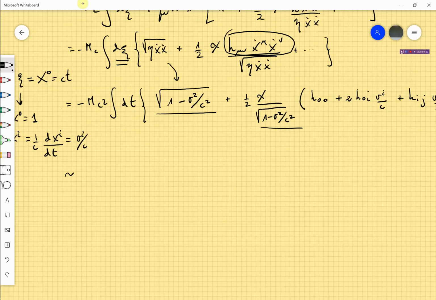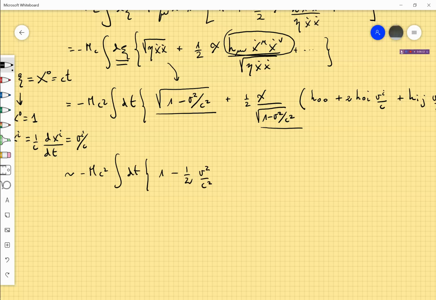Sometimes I write m equal, sometimes I write this, because in some places I do an approximation and in some places I just take the exact result.